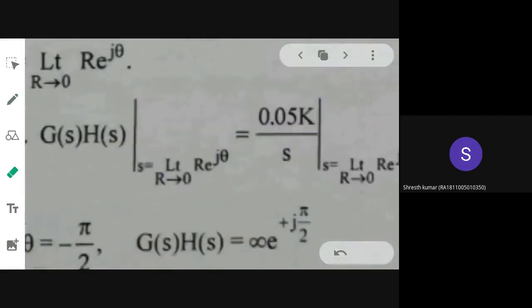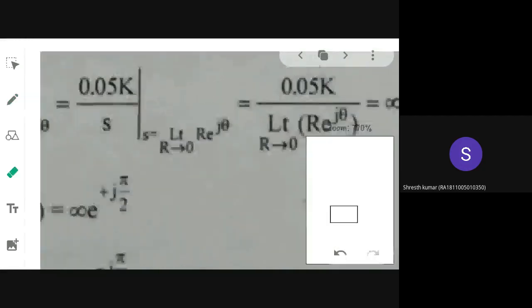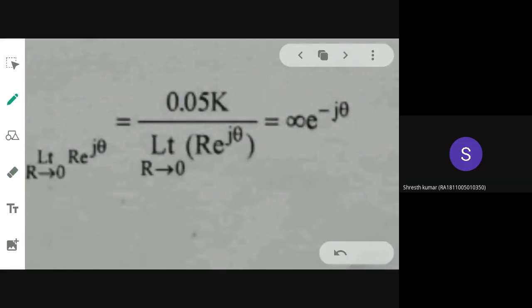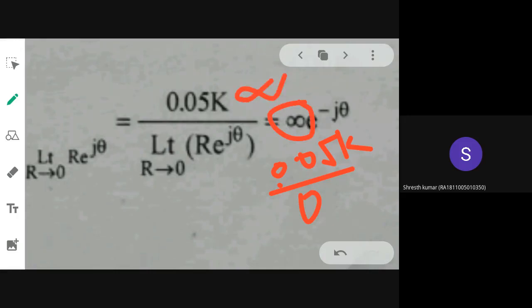So if you substitute that, here they have substituted that, and again this is 0.05 k divided by r, with r tending to 0, so the map's magnitude will now become infinity. And if you are marking this angle, the angle for the original segment is traveling from minus pi by 2 to plus pi by 2.